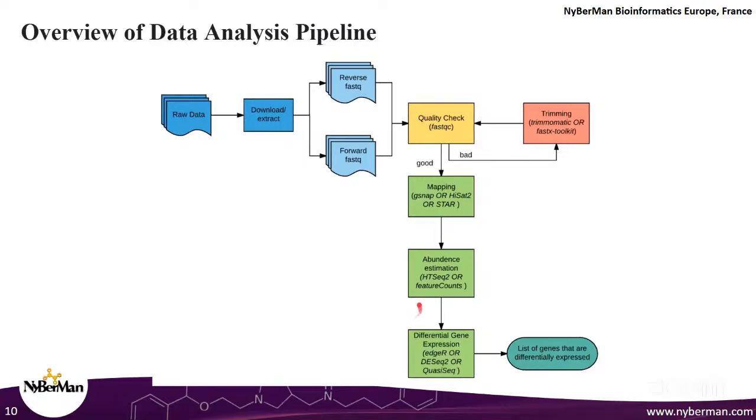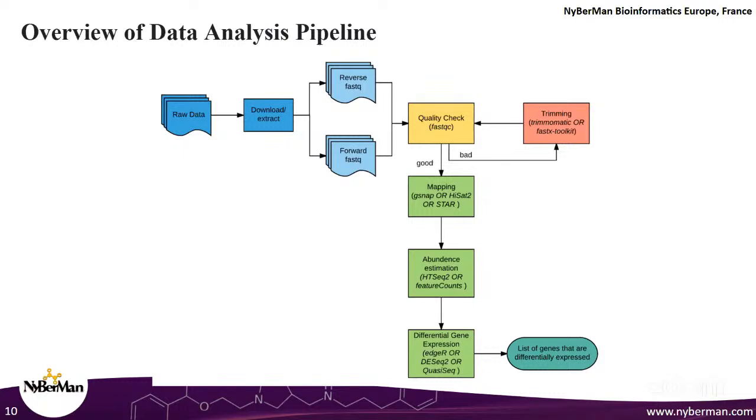Okay, so these are the three steps, and finally you will end up with a list of genes which are differentially expressed, that is either differentially highly expressed, or in other words we call them upregulated genes, or differentially lowly expressed, or in other words we call them downregulated genes.